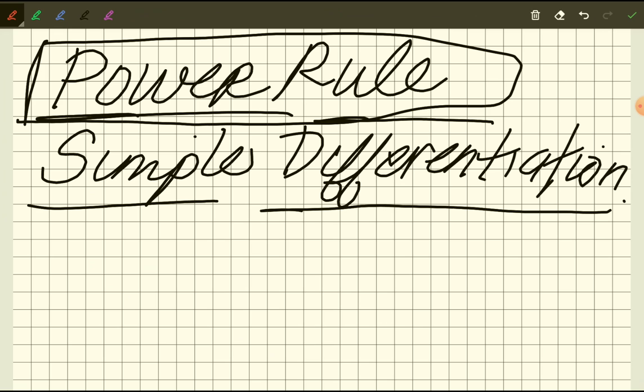If I would turn the page. Here we go. Rate of change, I don't want that. Limits, it's not what I want. No. Here we go. Simple differentiation.